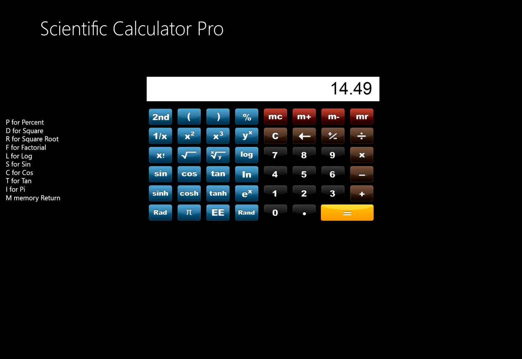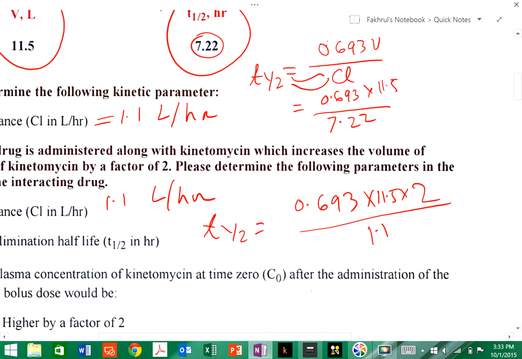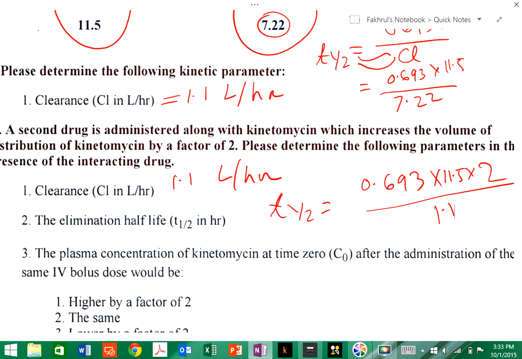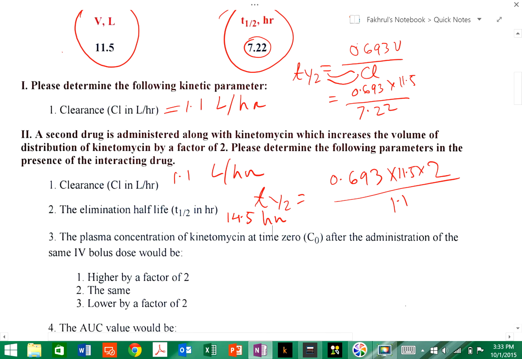You see it is 14.5. So the half-life is going to be 14.5 hours. Based on that, because the volume of distribution increases, half-life increases. This equation applies if you want to calculate half-life.